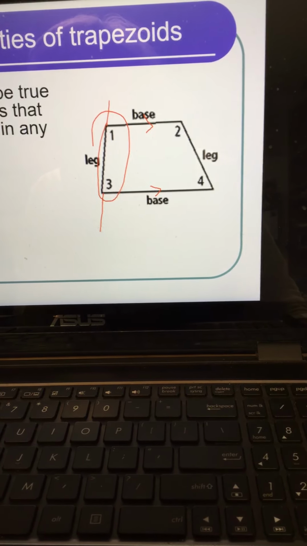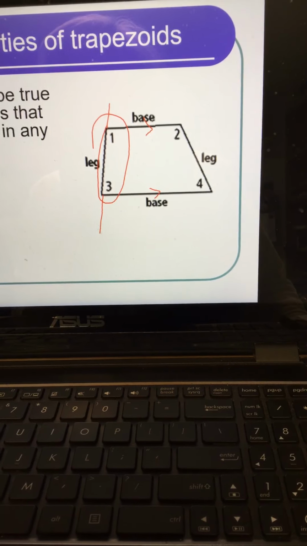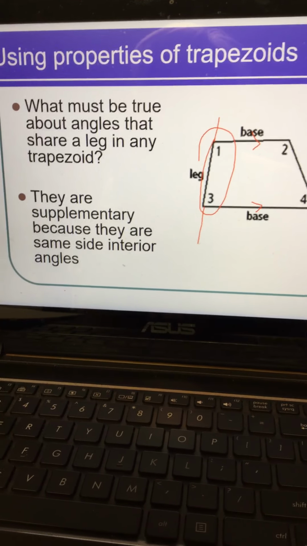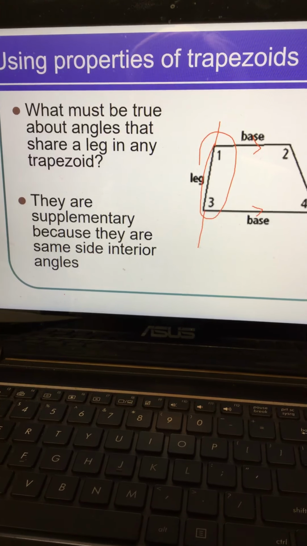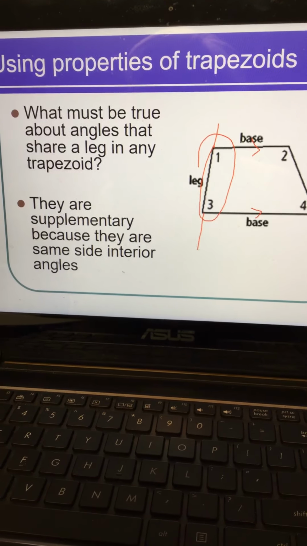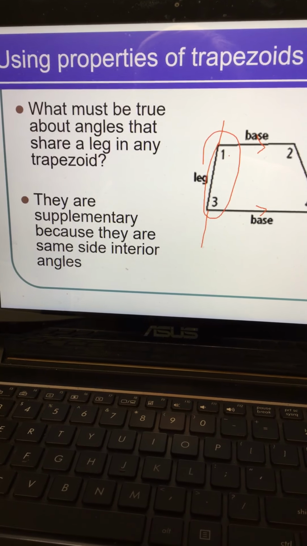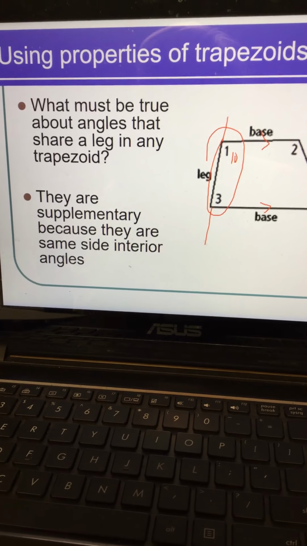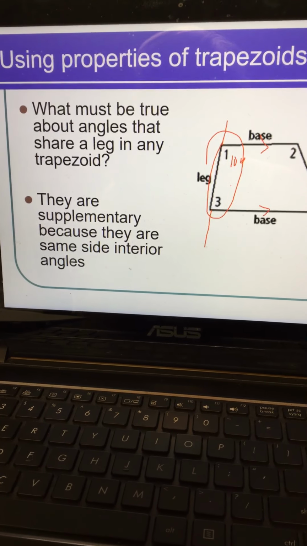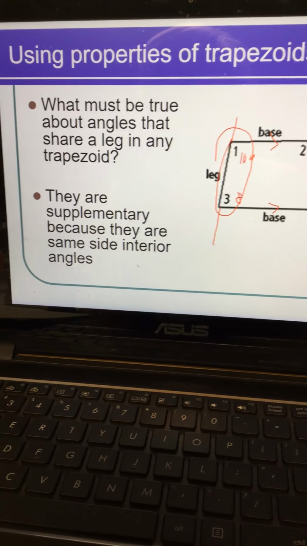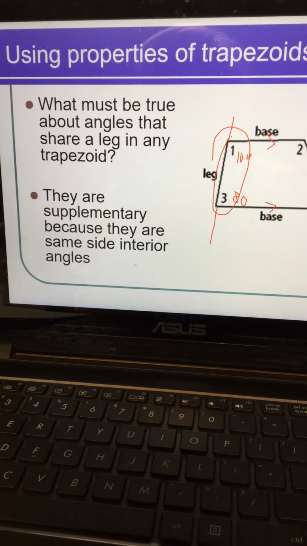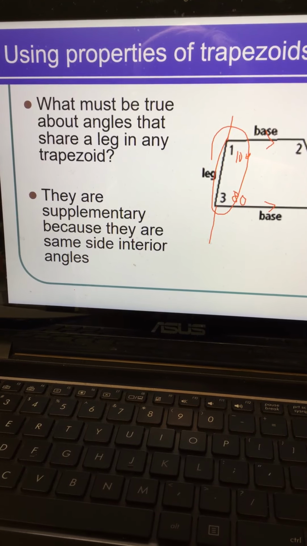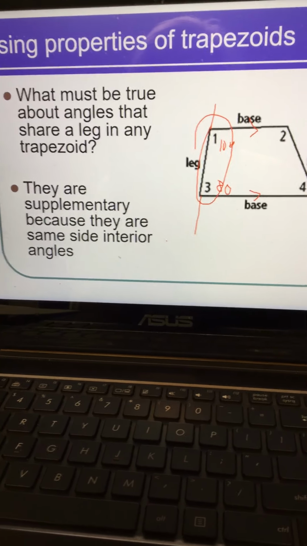And you should remember that same side interior angles are going to be supplementary. They're supplementary because they are same side interior. So that means if angle 1, let's say, was 100 degrees, then that would mean angle 3 would have to be 80 degrees. The angles on either end of a leg are supplementary.